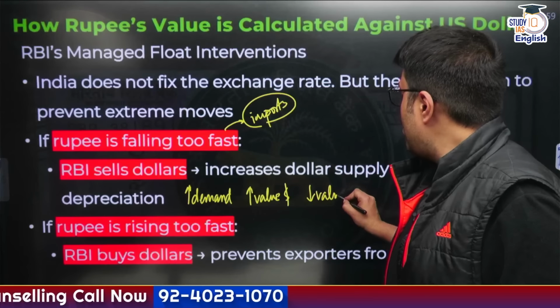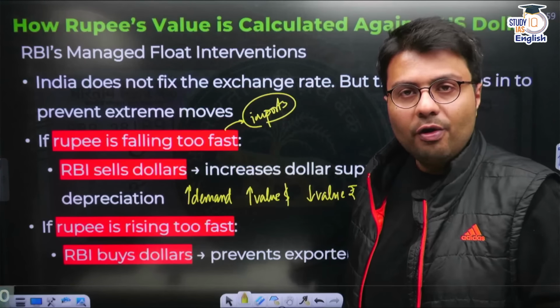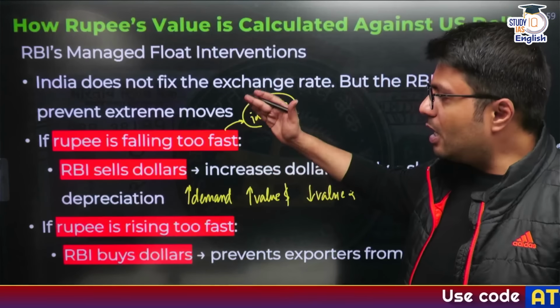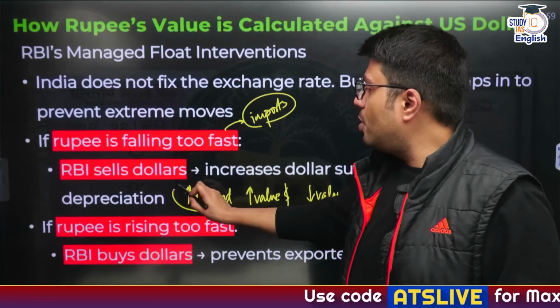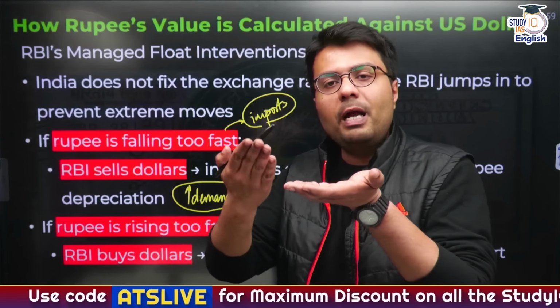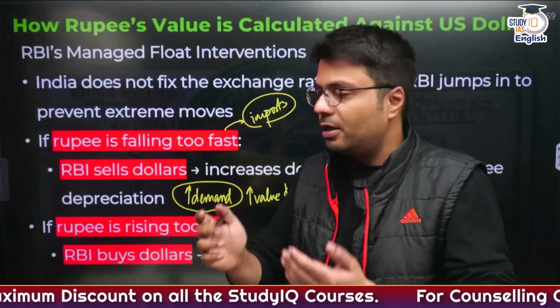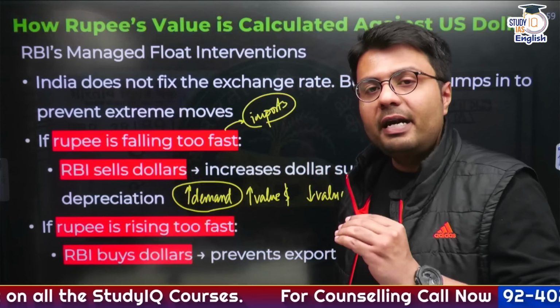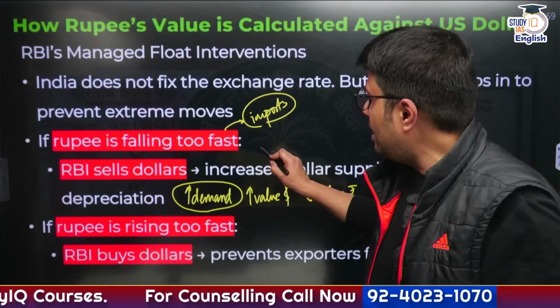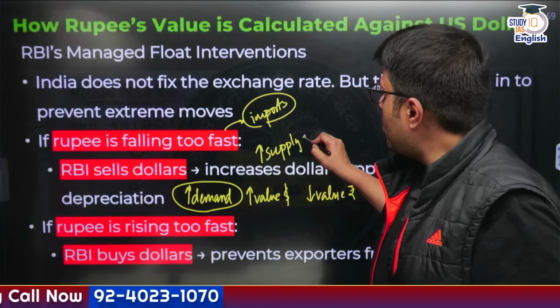So this is what happens without any intervention of the Central Bank of India. Now, you need to understand that demand for any commodity increases when the supply of this commodity is not able to match the demand. So in this case, RBI decides to intervene in the forex market and increase the supply of dollar.